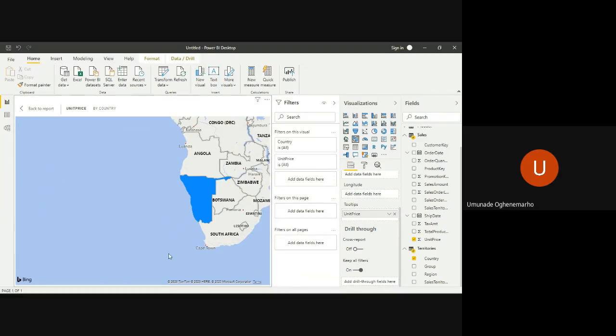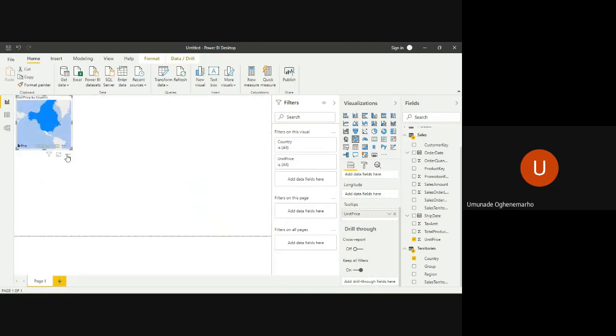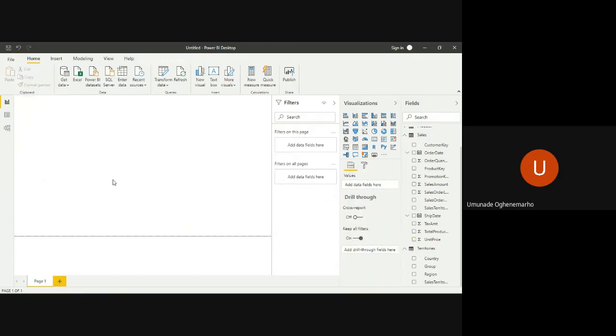Okay, so we've gone over the visualizations. Now we'll talk about a couple of functionalities and responsibilities that come along with creating these visuals. Now, it is your responsibility to make sure that your visuals are clear and concise, as I have said earlier.